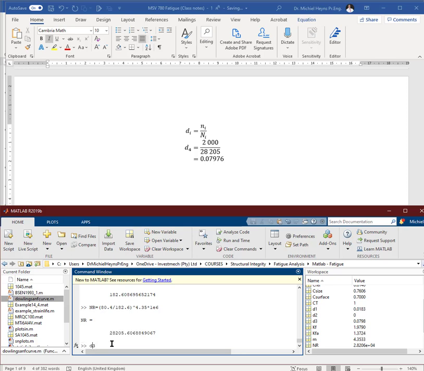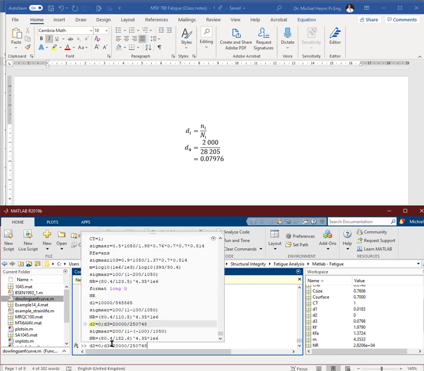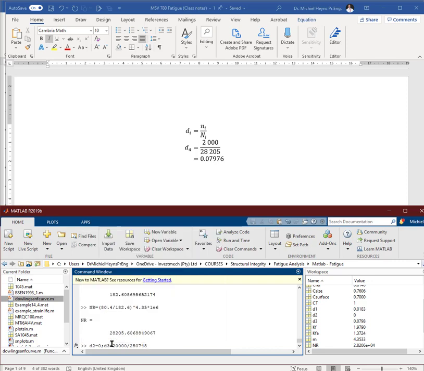Let's take D2 and D3. So there was D3 calculated. Let's put this D4 here.